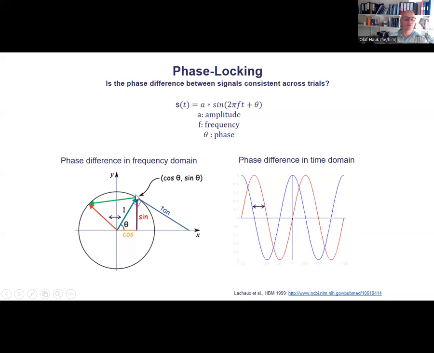If you have two of these signals, then for every trial you can compute the phase difference between them, and you can express that also as a vector for every trial. If that's consistent across trials, and this vector always points in a similar direction, then you can say, well, there's some phase relationship, some functional connectivity. If this relationship is random, then you can say there's no functional connectivity, and that's the basis for quite a range of methods.